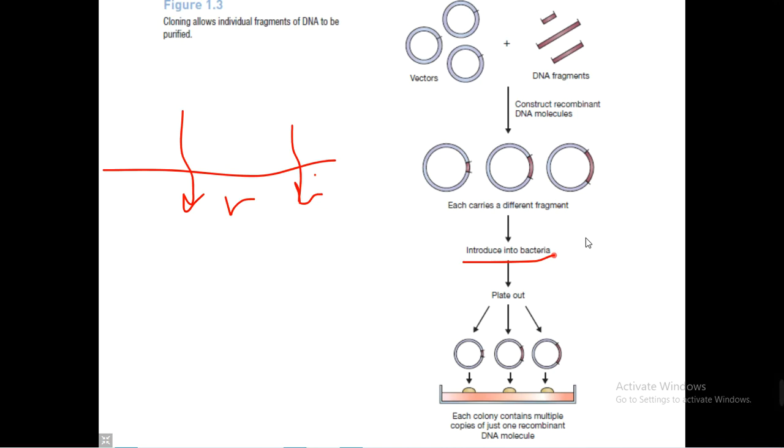After we introduce it into bacteria, we plate out, and after that we have 3 different colonies. Each colony has different parts, different fragments.